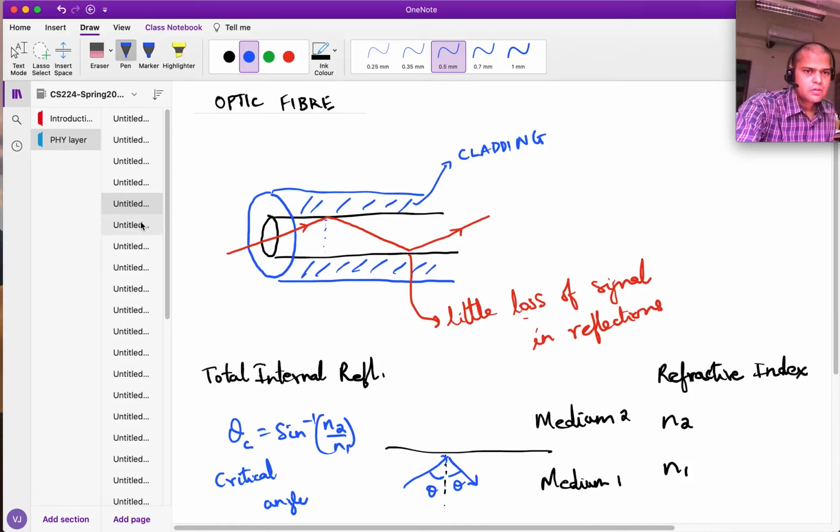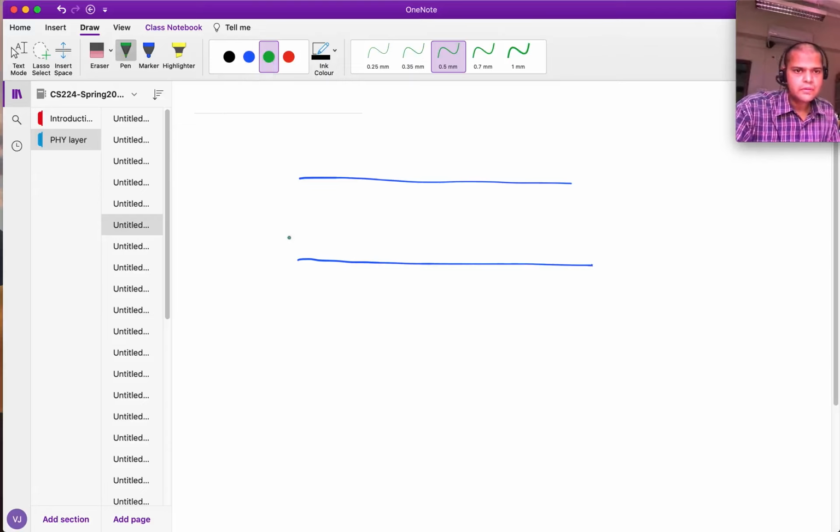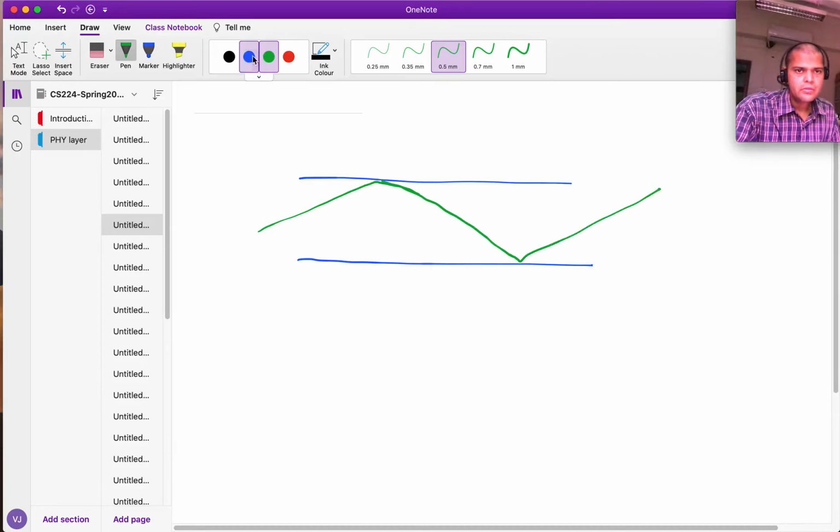So what might happen in practice is that suppose we look at the situation again over here. You could have a signal, let's say like this, which is bouncing off, and you may have another signal, let's say, which is also coming at an angle of incidence higher than the critical angle.